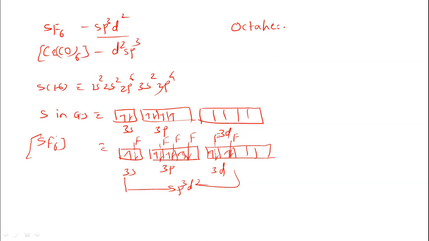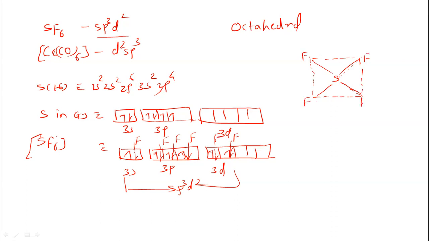Octahedral means like this. The geometry is octahedral geometry. Sulfur is the central atom and 4 fluorine atoms are at the corner of the square, like this.